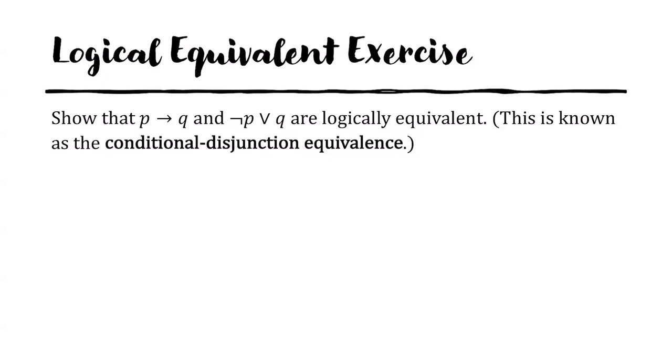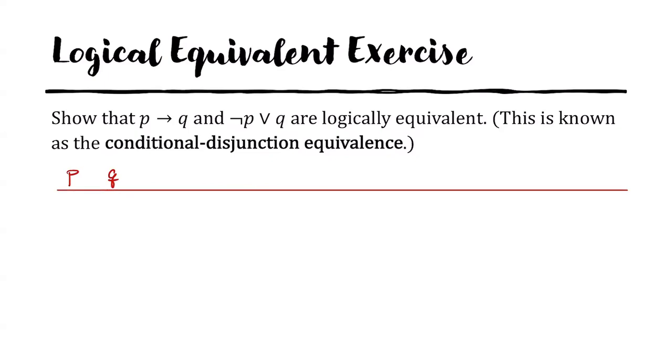So again, to show they are logically equivalent, we have two variables here, P and Q. And for two variables, we have four possible outcomes: true true, true false, false true, false false.